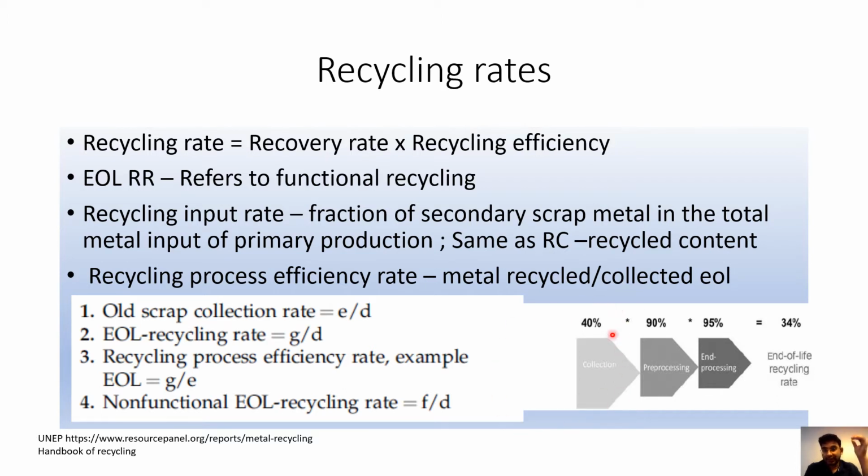So this is a really important first step. You have to mandate collection, you have to incentivize collection, you have to make policies to ensure collection of these end-of-life products, and then you can design smart metallurgical processes to get as much as you can. But this is a key first step.